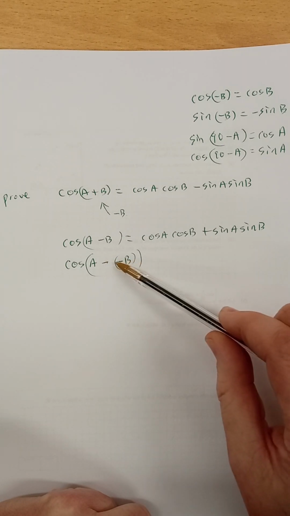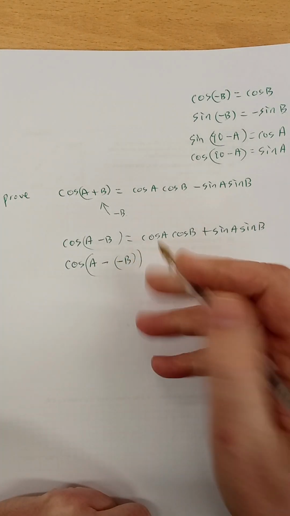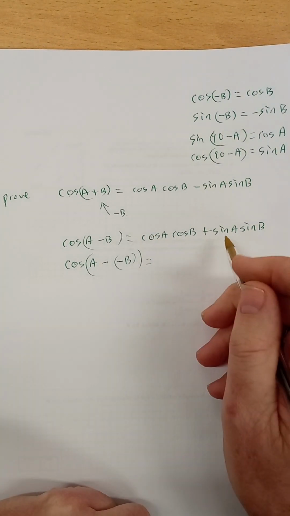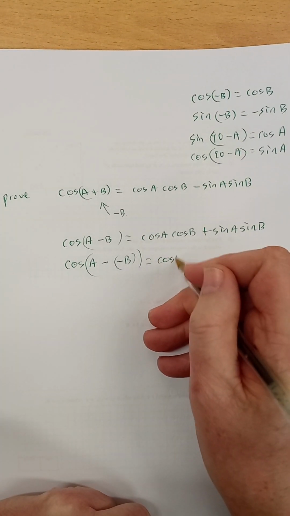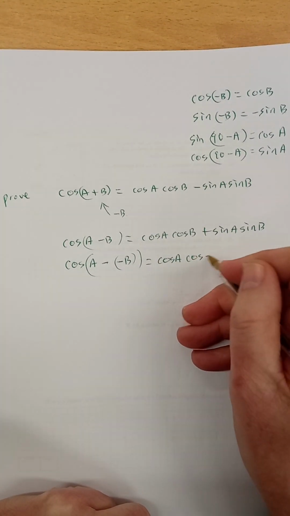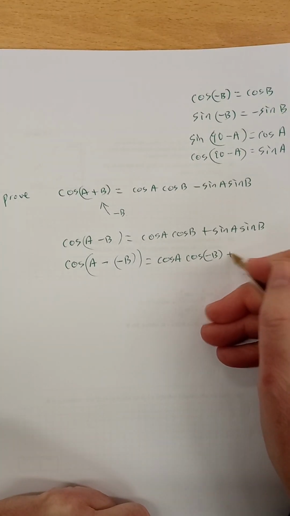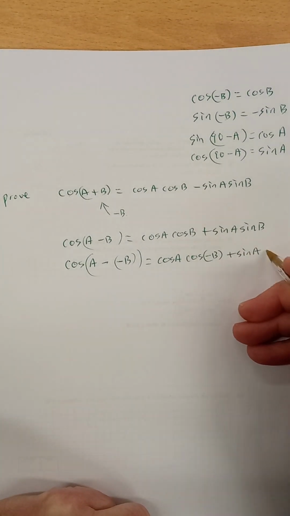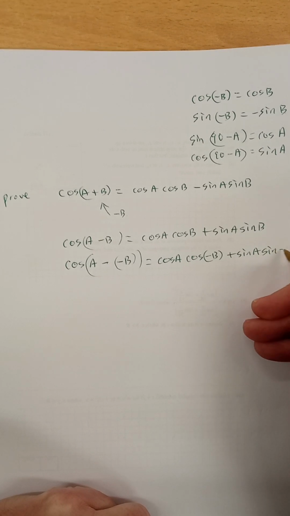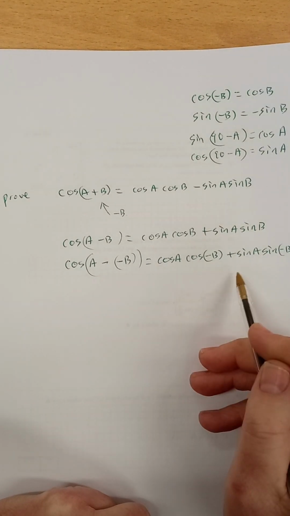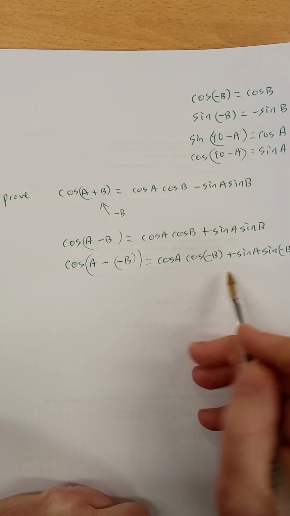See, I haven't turned it into a plus. I've kept it as a minus. Let's see what happens when I distribute it here, okay? I'll get the cos of a by the cos of minus b plus the sine of a by the sine of minus b. Okay, now what does our rule say?